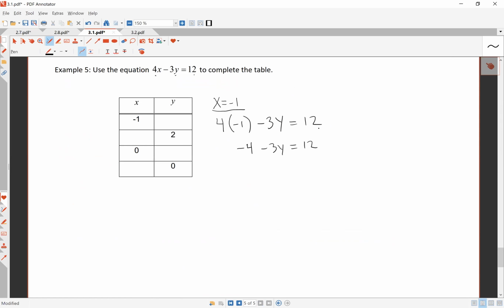These aren't as easy to solve for anymore because each of these has an equation that we have to work with. Add 4, and that's 16. Dividing by -3 gives me -16 thirds.